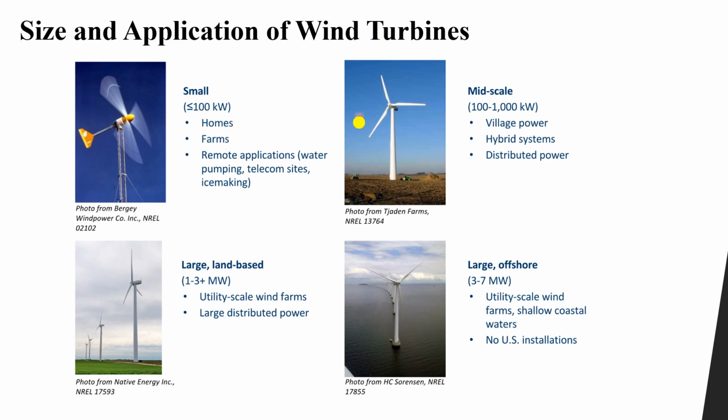Now the medium scale wind turbine is from 100 to 1000 kilowatt, or from 100 kilowatt to 1 megawatt. This medium power is used in powering a village or in a hybrid system consisting of solar and wind, and can be used in distributed power, the electrical distribution network.